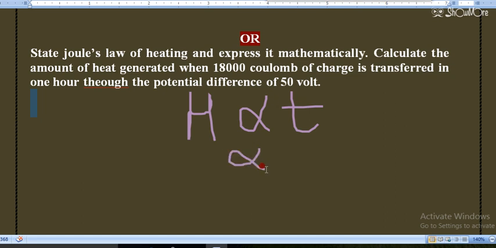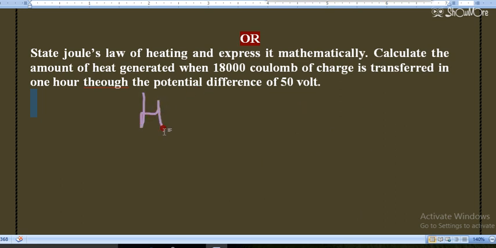It is directly proportional to the square of current, I square, and also to the value of resistance. So after combining these, heat will be equal to I square R into T.